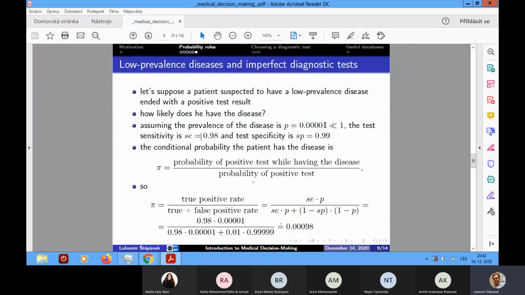But if the prevalences are so low, and you do some arithmetics with this formula, you can think about it that the degree of this number is pretty similar to the degree of the prevalence.